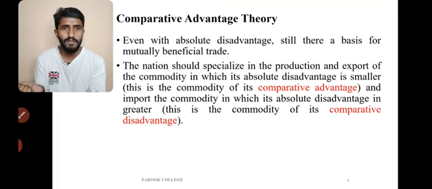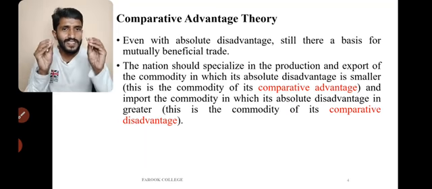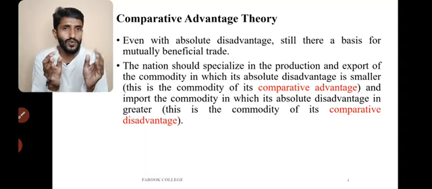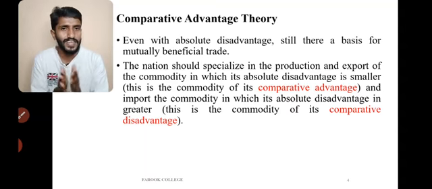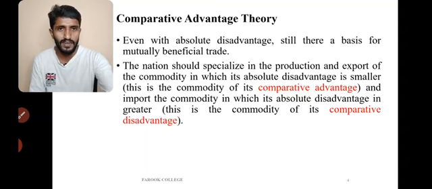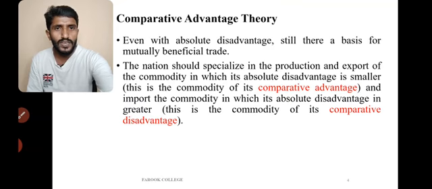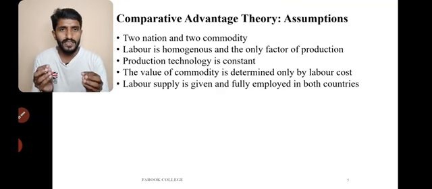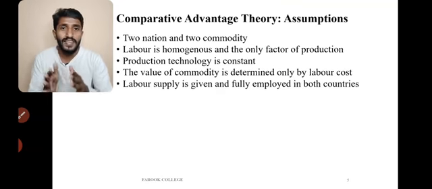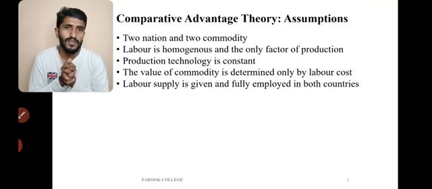Very simple example. So we will explain what this comparative advantage or comparative cost advantage is with an example, then I think it will be clear. But before going to the example, let me tell you the assumptions of Ricardo's trade theory, the assumptions of Ricardo's approach.